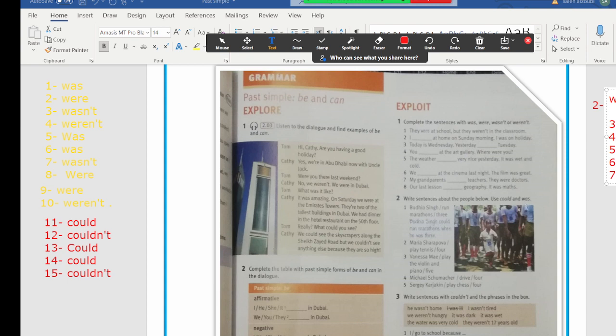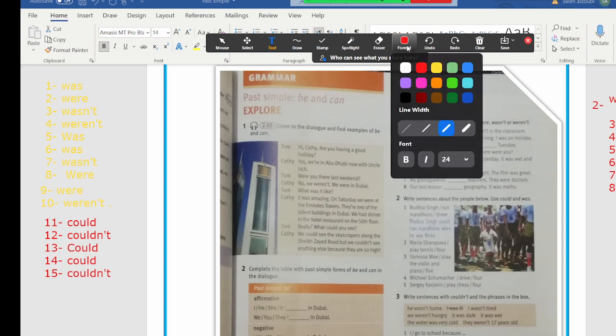My grandparents weren't teachers, they were doctors. Number 8. Our last lesson blank geography. It was maths. So our last lesson wasn't geography, it was maths.